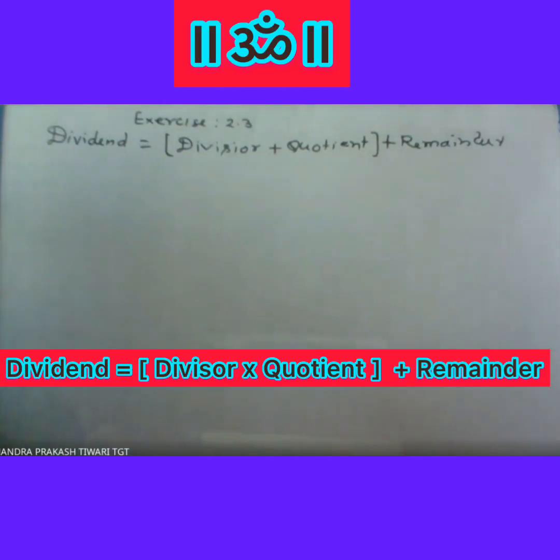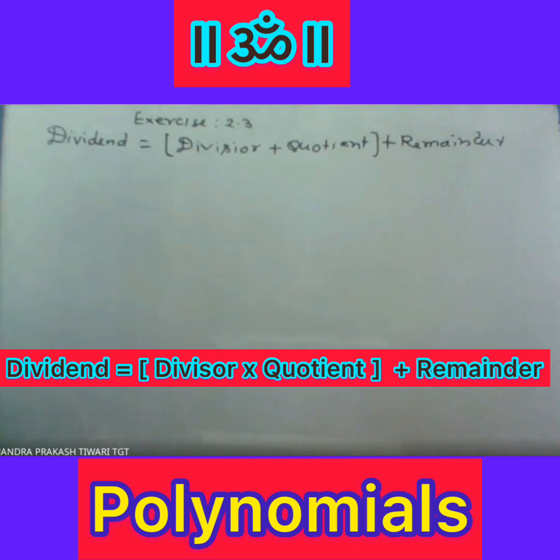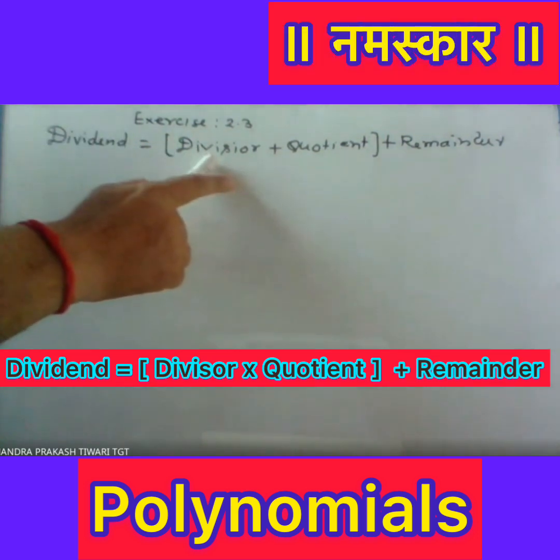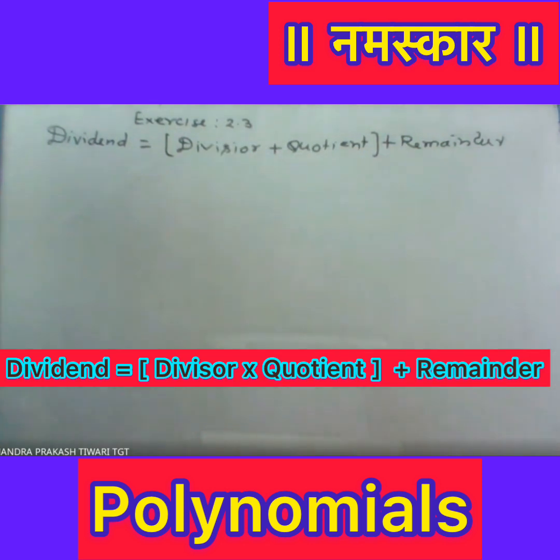Here you have to learn this formula from previous classes, in the general division of numbers: dividend equals divisor times quotient plus remainder.